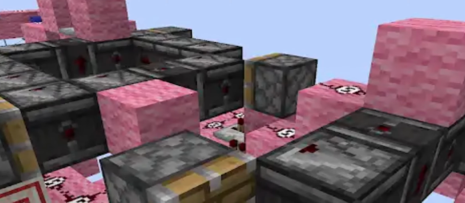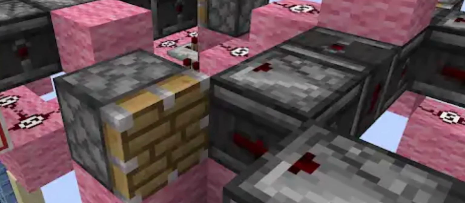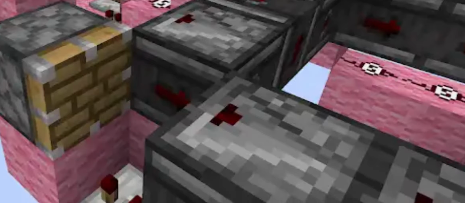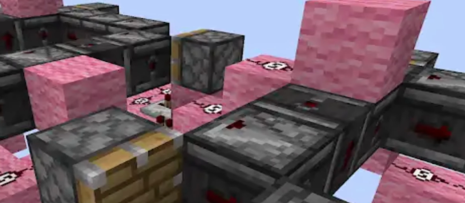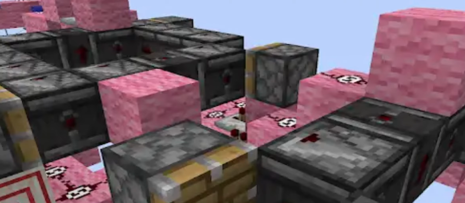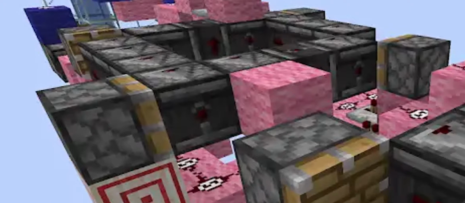And every time it hits upward, it lets another one down. 1, 2, 7. So that's 7. The way it looks, that's a... What's that?